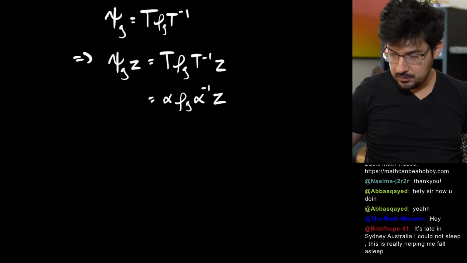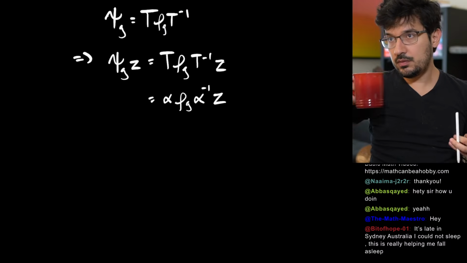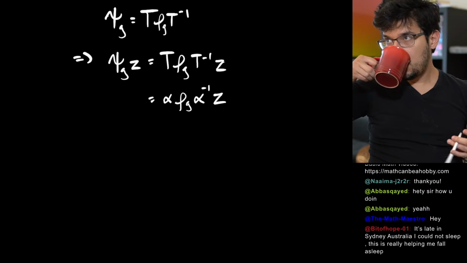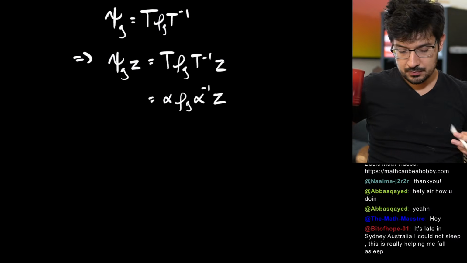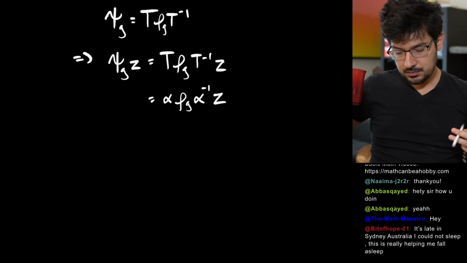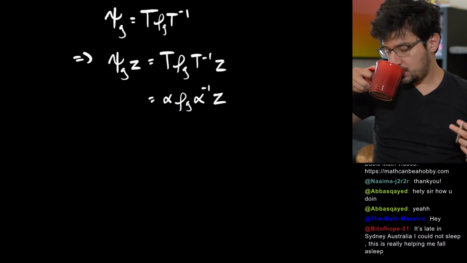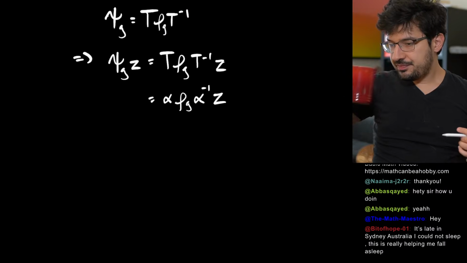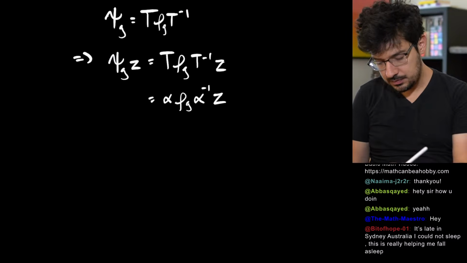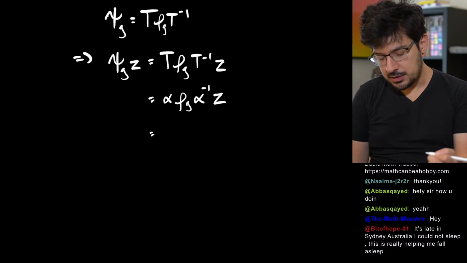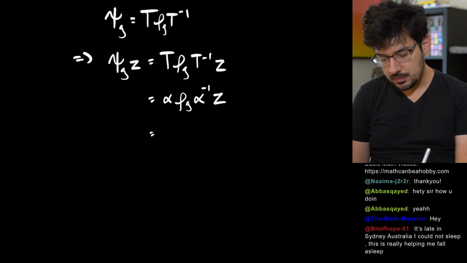Phi g is... note that phi g is multiplication by some non-zero complex number.